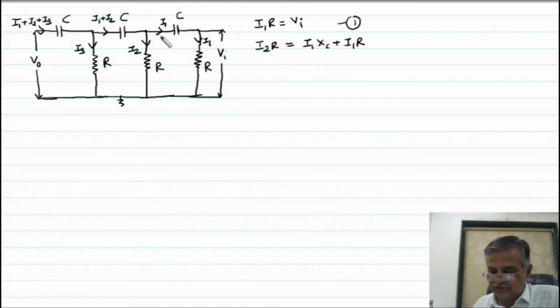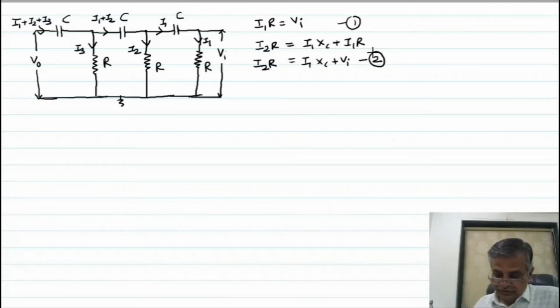So I2R is equal to I1 Xc plus Vi. Let me say this is equation number 2.